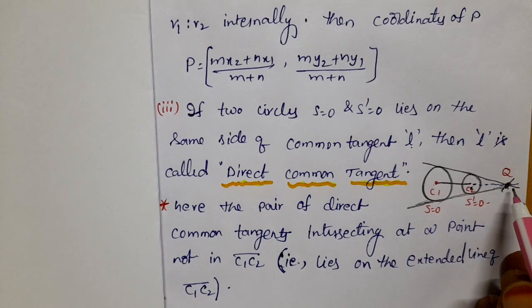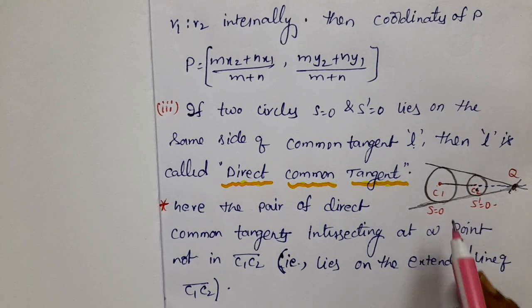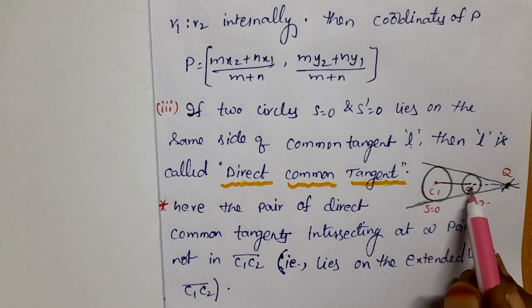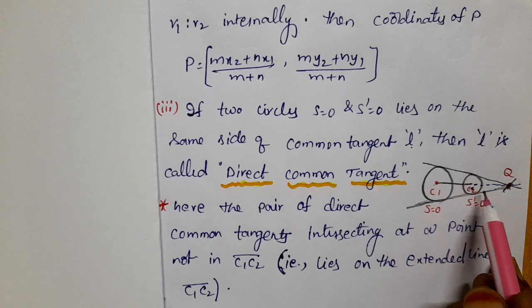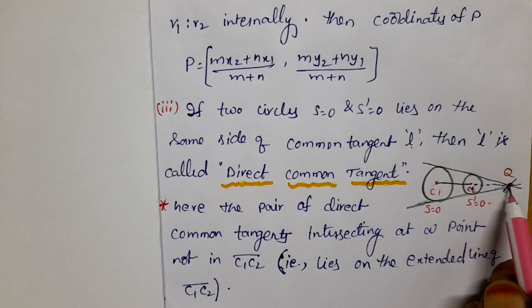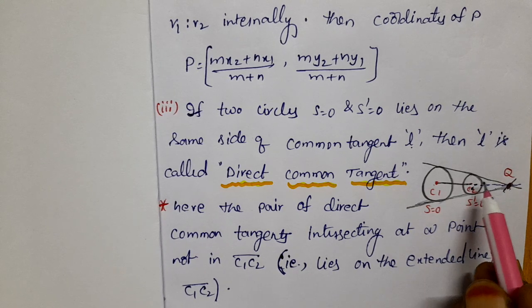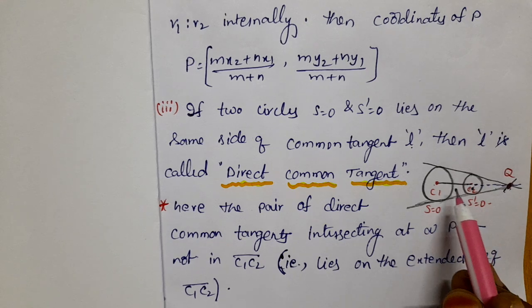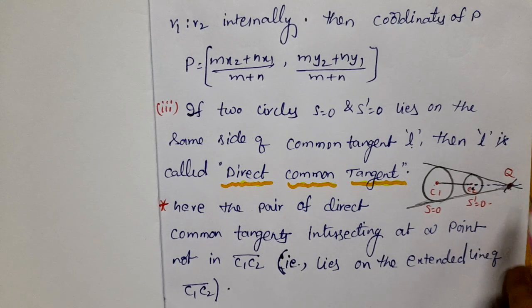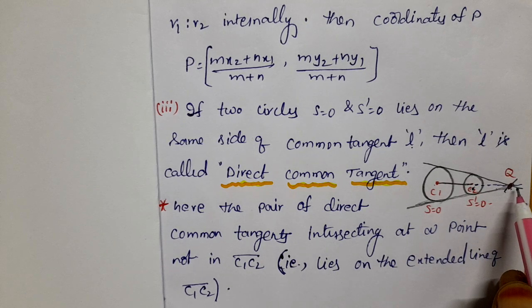The point of intersection of direct common tangents does not lie in the C1 C2 line, but if we extend the C1 C2 line like this, then the point of intersection lies on the extended line of C1 C2. The point of intersection of direct common tangents is denoted by Q.